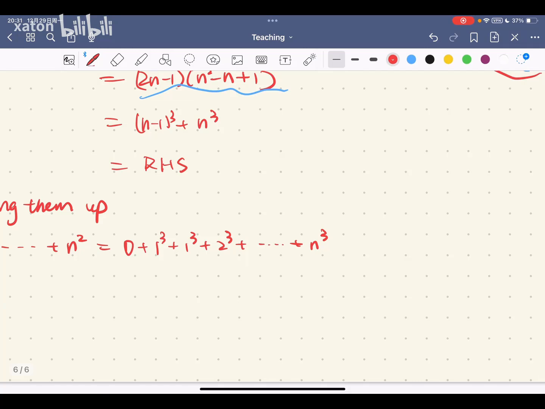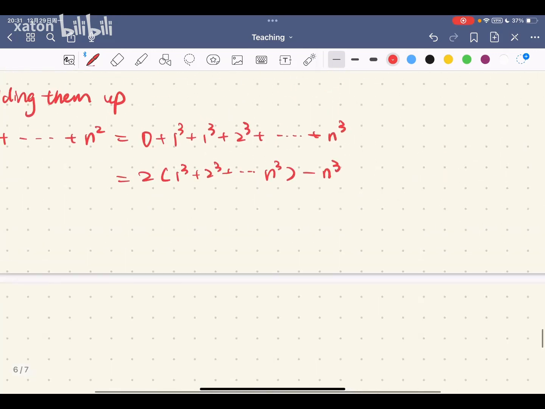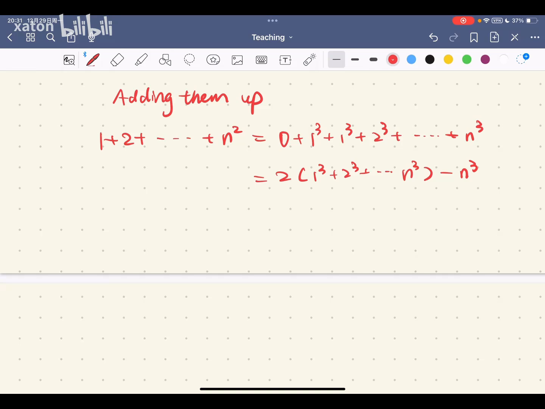And this is actually 1 cube plus 2 cube plus up to n cube. But there's actually only one n cube, so we have to subtract one n cube for the left-hand side. Clearly we do, but just keep it in mind. We are not in that much of a hurry. So we first do the left-hand side.